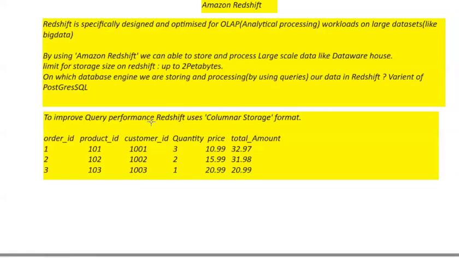So how does Redshift store your data? It stores your data in the form of column storage, right? Yeah. So let's take an example to analyze how column storage works in Amazon Redshift. Let's say you have a table in Redshift named sales. So this is the sales table, you can assume.